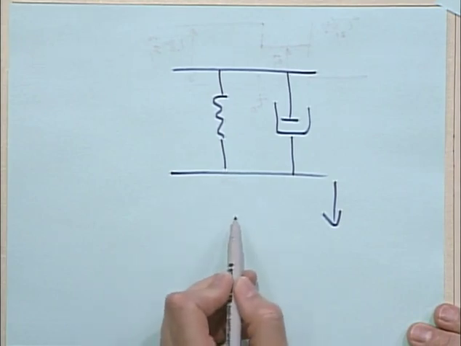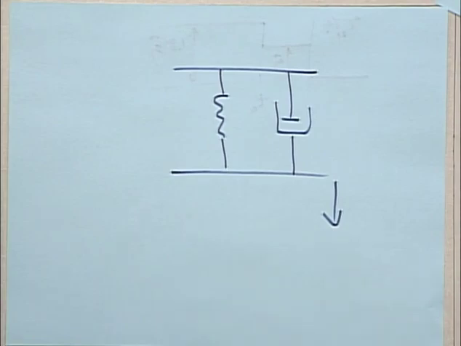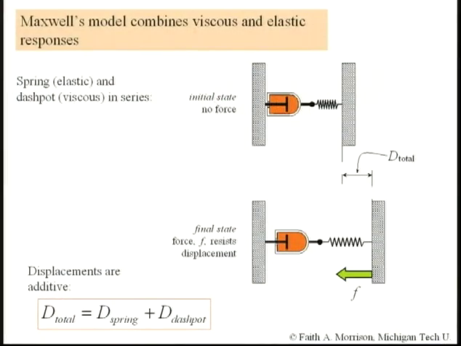And so if I let go, it'll spring back. That's not true for the Maxwell element. Okay? If I hold this for a long period of time, this spring will eventually retract all the way. This dashpot will flow, and when you let go, it will not spring back. Okay, so different combinations of springs and dashpots can give different types of viscoelastic response.